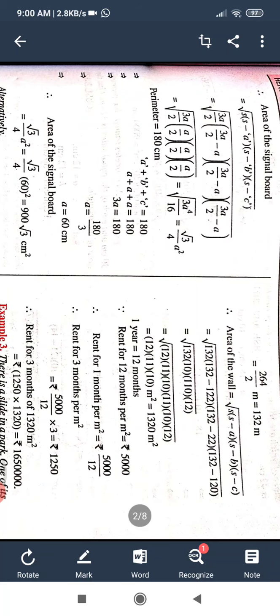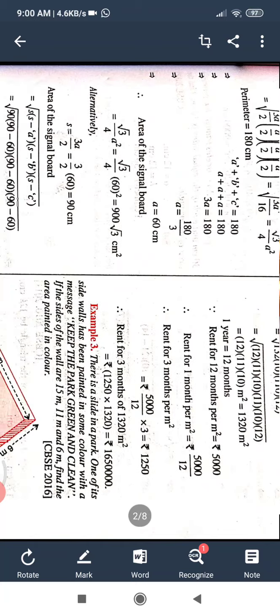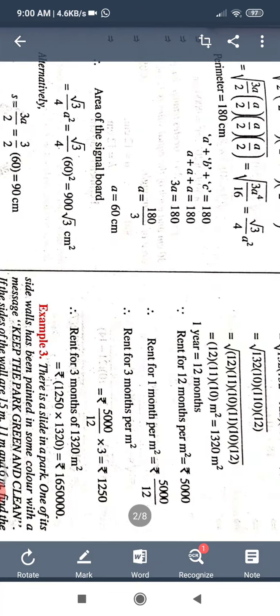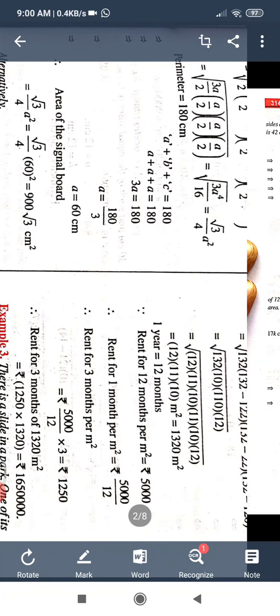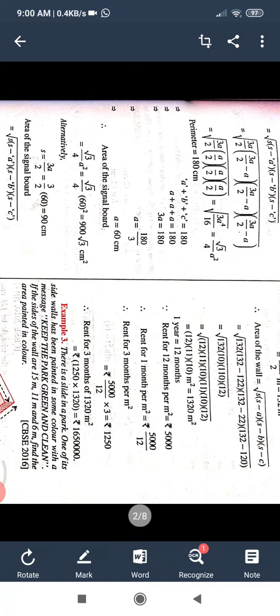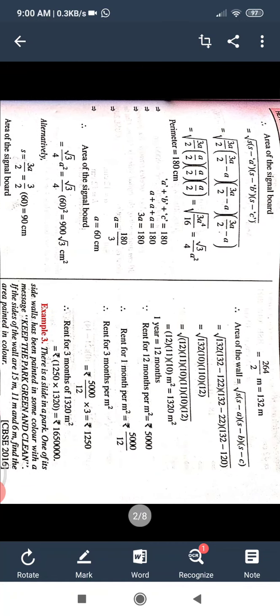Now we are going to find the area. Area of the signboard equals the root of s(s minus a)(s minus b)(s minus c). This is the formula, the root is given on it.